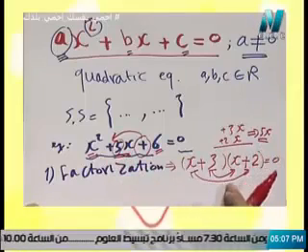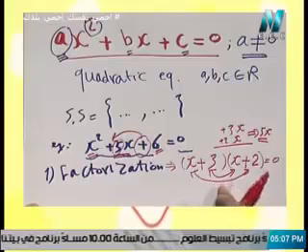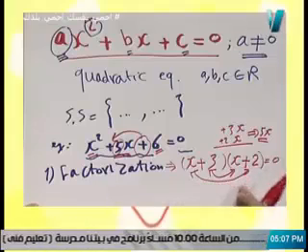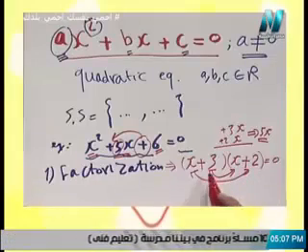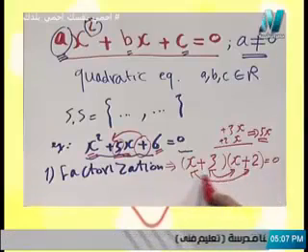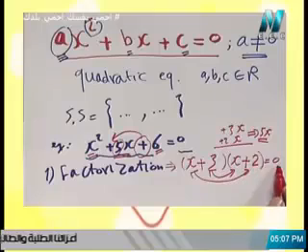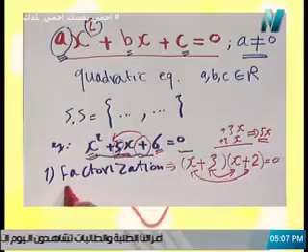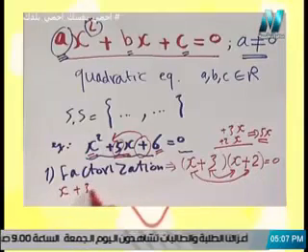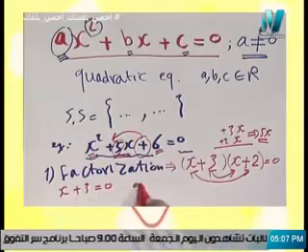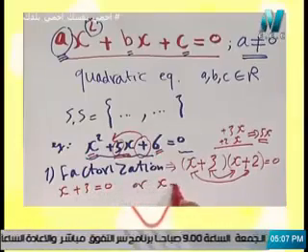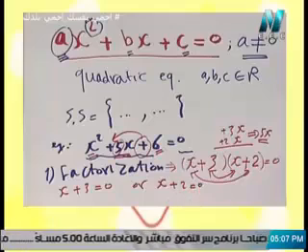So the factorization is right. If we have two brackets multiplied by each other and the product equals 0, then the first one equals 0, or the second one, x plus 2, equals 0.